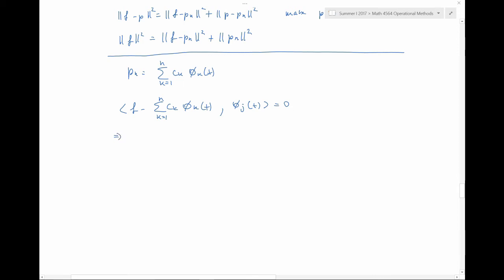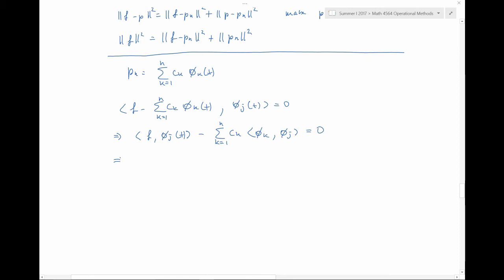Therefore, the inner product of f with psi j minus the sum k goes from 1 to n of ck times the inner product of psi k with psi j should be 0. But only one of these inner products is going to be non-zero, namely the inner product of psi j with psi j.